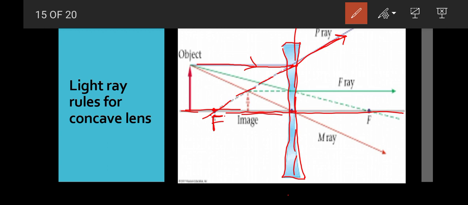After refraction, it diverges and appears to pass from the focal point. The second light ray we have to draw from the optical center. It will pass through the optical center undeviated. Here it is. The second light ray follows the same path as that for the convex lens.